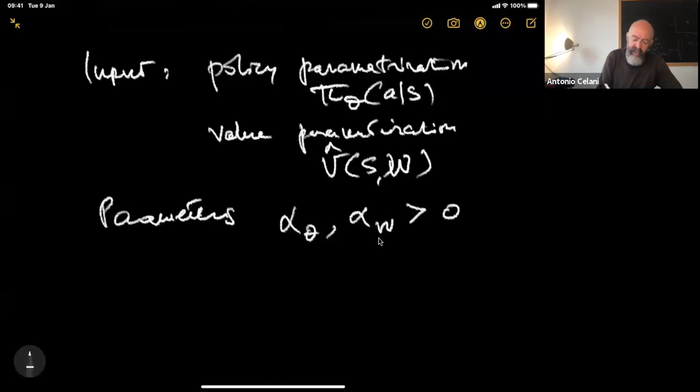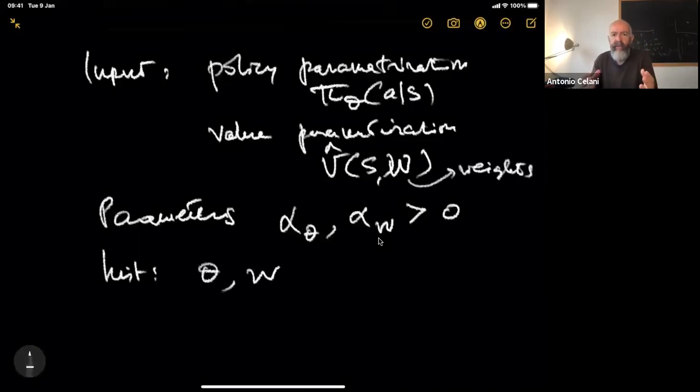And then you initialize parameters, weights. So these are called weights. It could be a neural network. So this theta could be parameters of a neural network, both for pi and for w, and for v. This could be two different neural networks. This could be one large neural network which combines the parameters theta and w together.